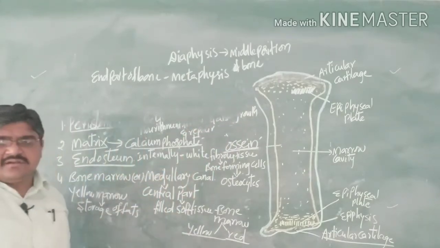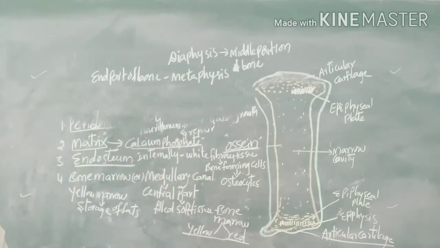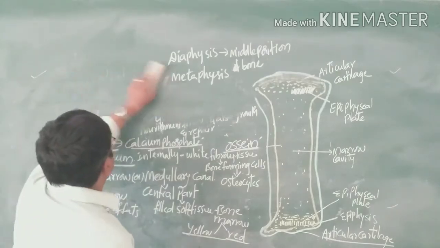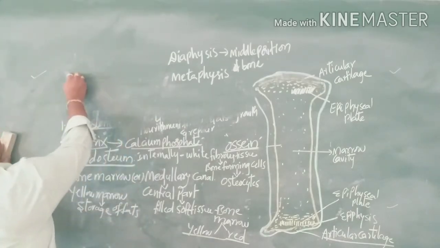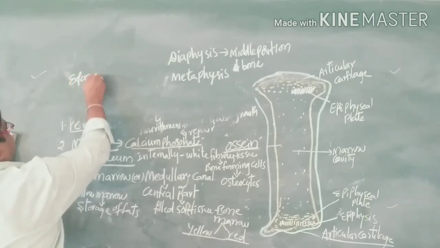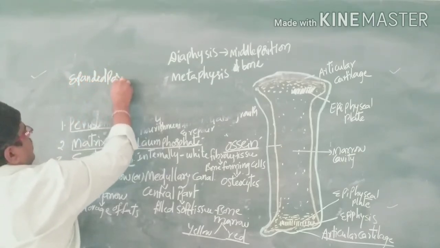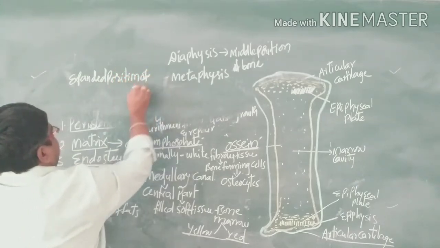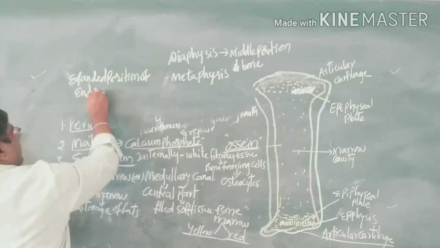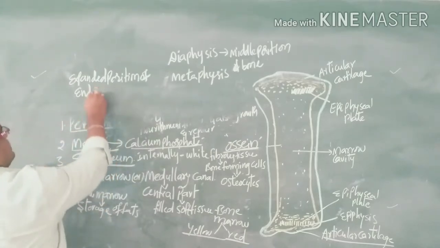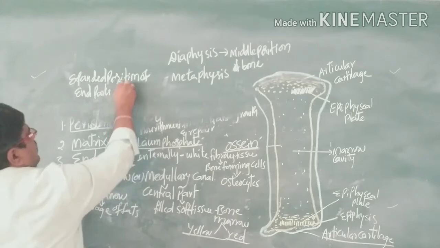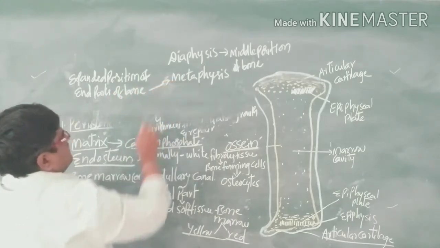That means the end part of the bone, the expanded portion of the bone, the ends of the bone, the expanded portion of the end parts of the bone, we can call as the metaphysis.